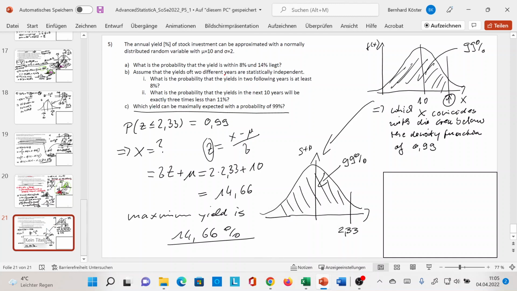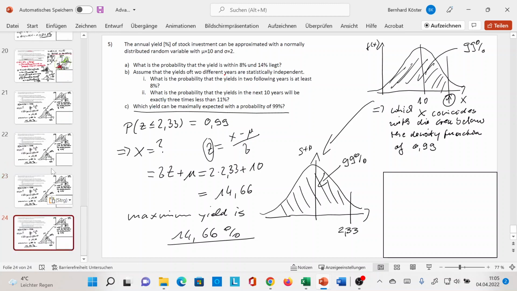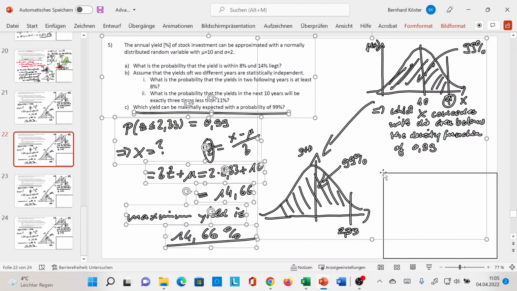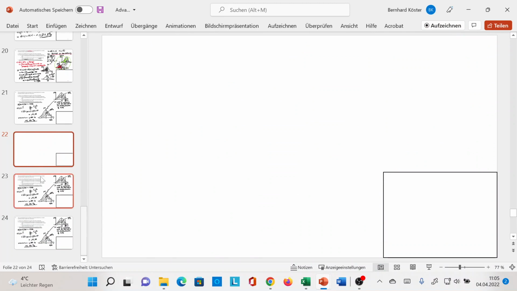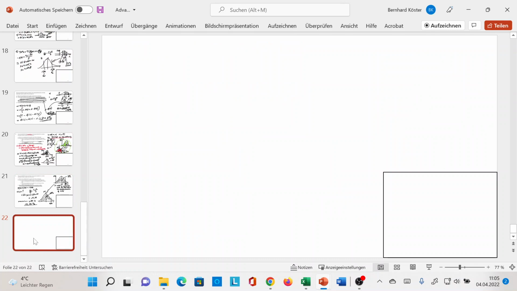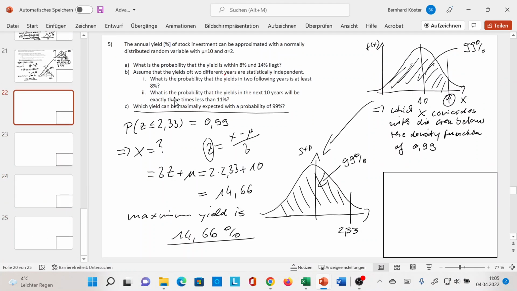Then we are going to estimators. This we don't need. Cut it. And let's start.